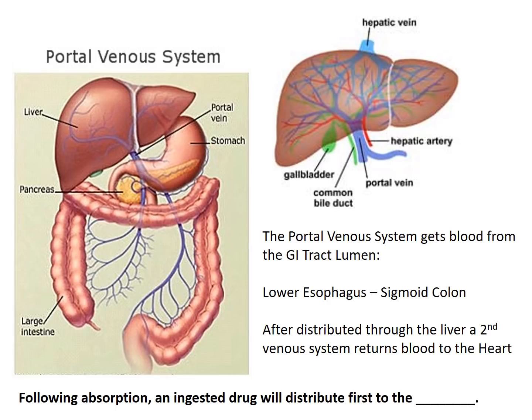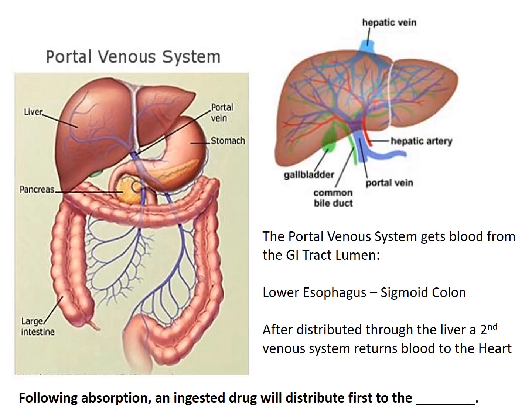So going on with this dual blood supply, look at the photo in the upper right, and you can see the hepatic artery going into the liver, bringing oxygenated blood. You can see the portal vein coming into the liver with the blood supply from the GI tract, from the lower esophagus to the sigmoid colon, and then you can see the blood exiting the liver via the hepatic vein.